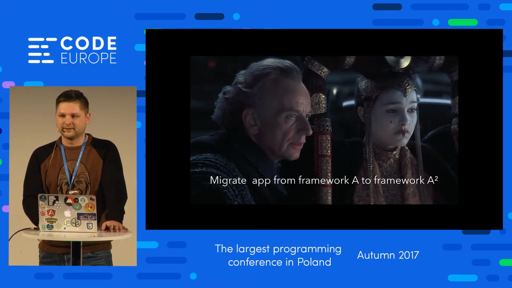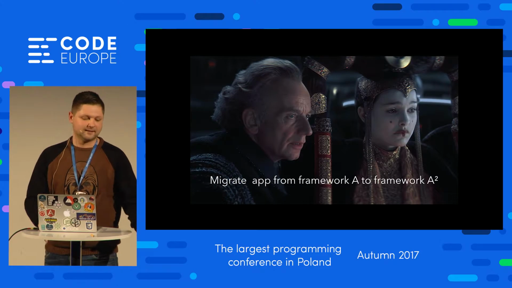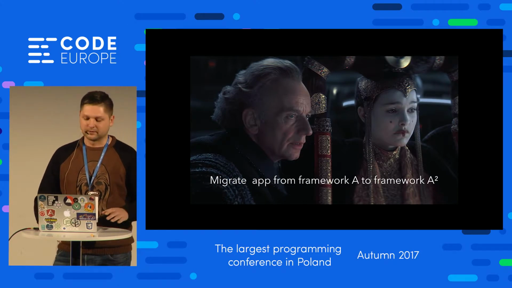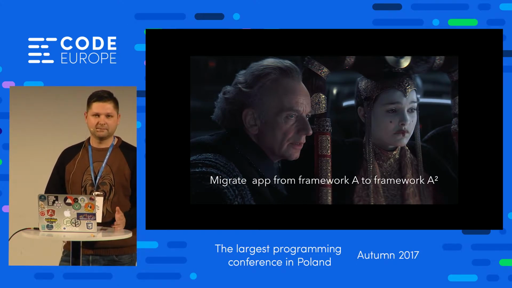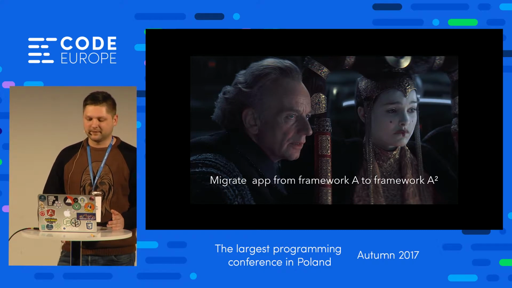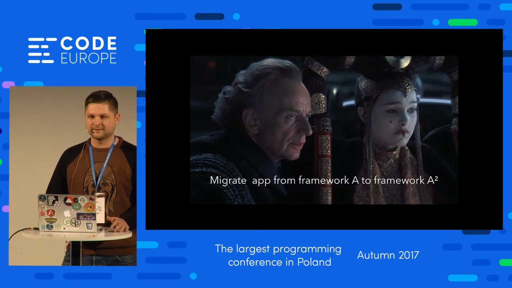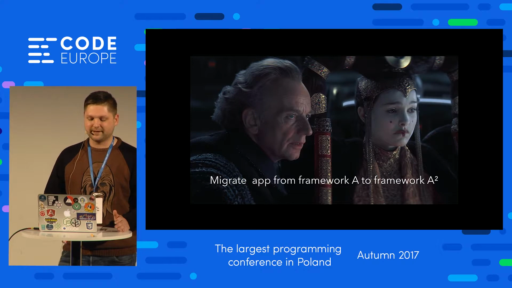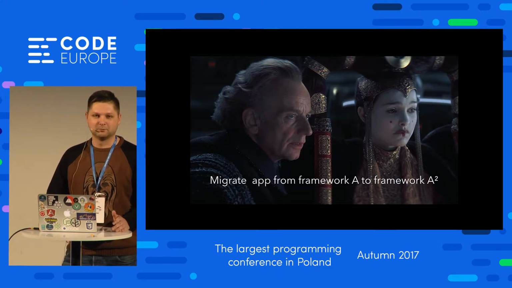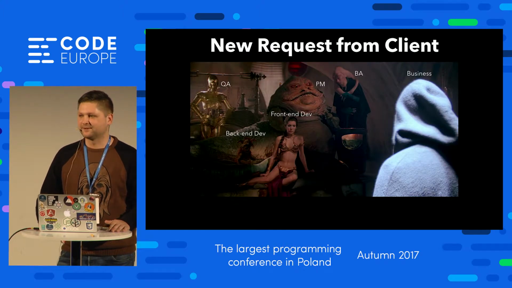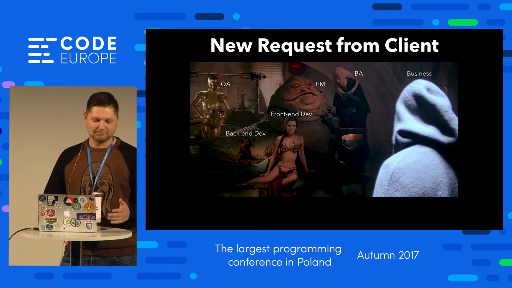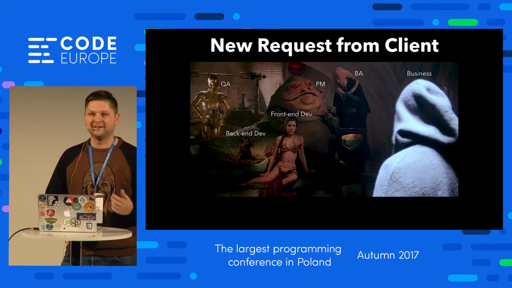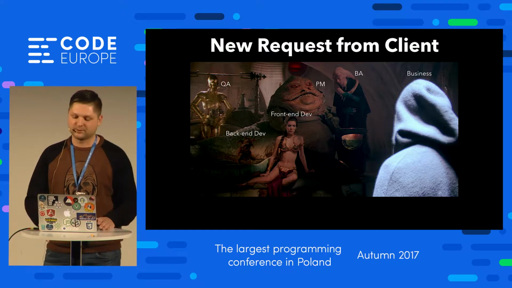They create branded components, buttons, grids, whatever. So time goes, and some time after that, some architects come to developers and tell them that they should migrate to the new framework A2. So it was a little bit of crying for them because it means that they need to completely rewrite their application from scratch.